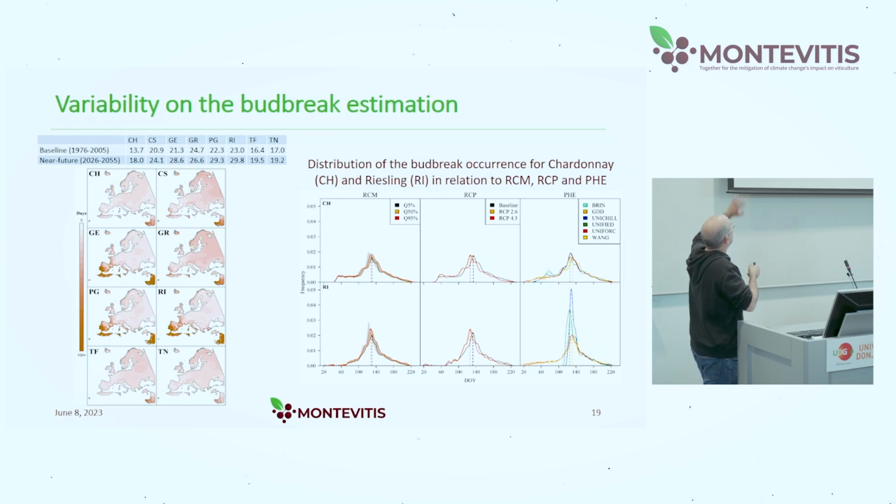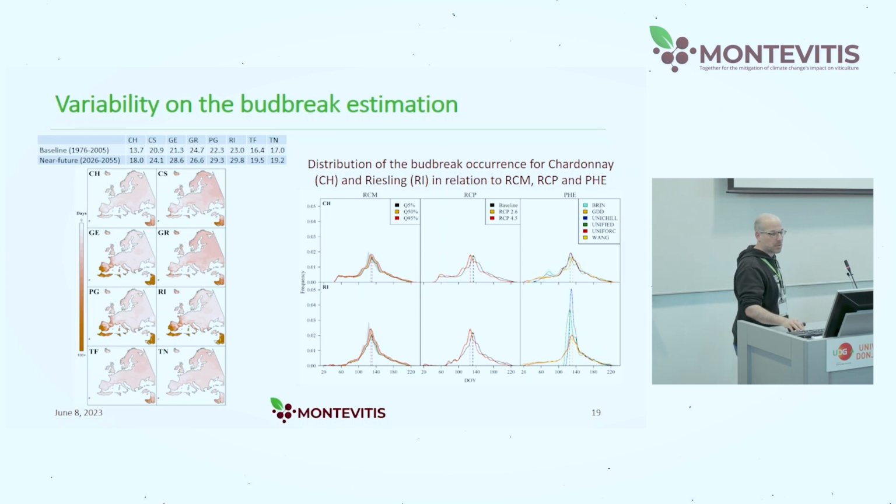In this case, these are individual relationships between each source and the variability, between the RCM, the RCP, or the phenological model, and we see that the trends or the frequencies of the different occurrences vary from one source to another.